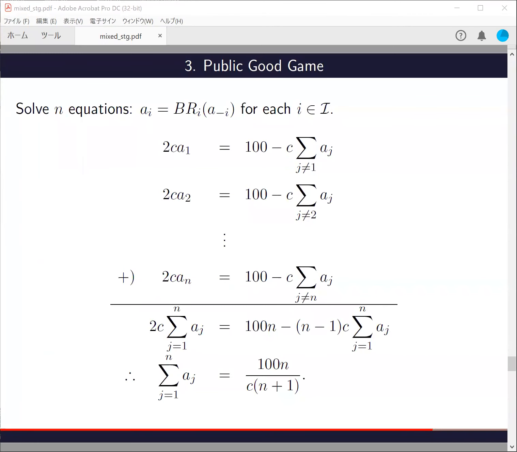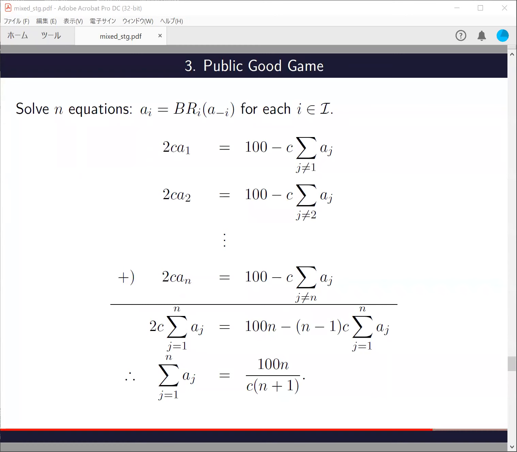Now we have n players in this game. And so this means that we have a system of n equations with n unknowns where the unknowns are a_1, a_2, a_3, and so on. To solve for the equilibrium contribution amount, we use some trick. The trick here is to obtain the total contribution amount first, and then divide the total contribution amount by the number of players n to get the individual contribution amount.